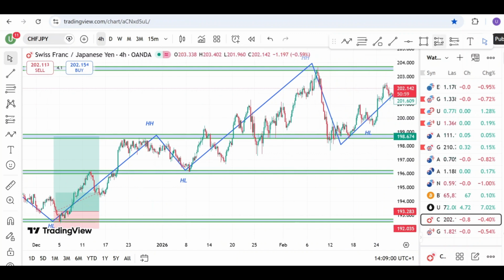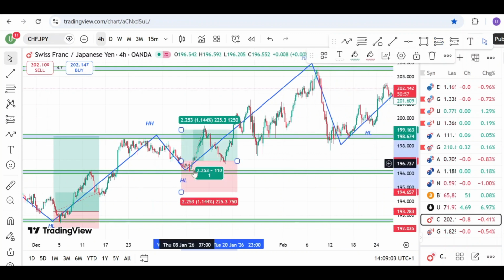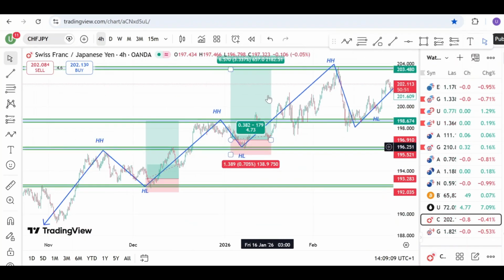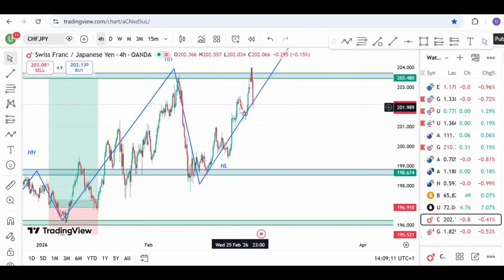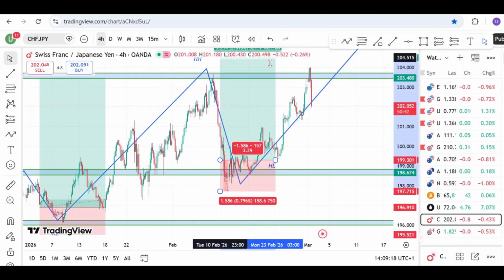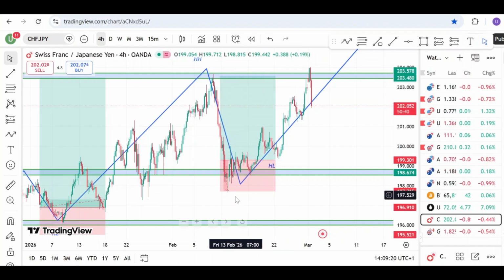Okay, and here also you see we have an entry here, and we targeted above also, and here also we can even target here.